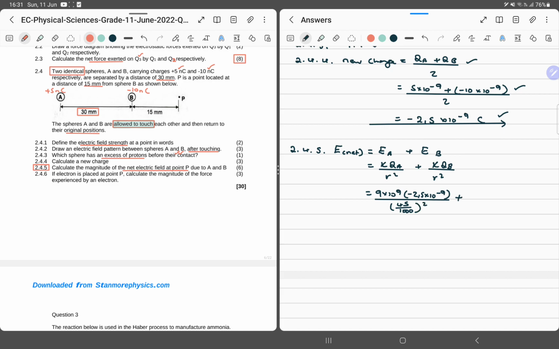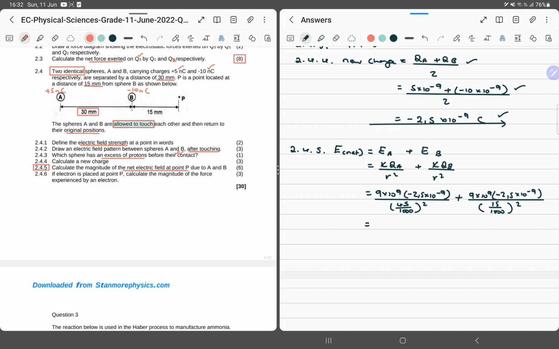And then we're doing the same here: 9 times 10 to the 9 into minus 2,5 times 10 to the minus 9. Because they have equal charges now, but they're exerting this at different distances. This one is basically just going to be the 15 over 1,000, and then we square that thing.